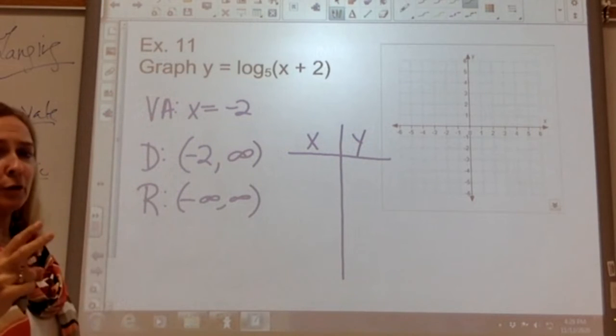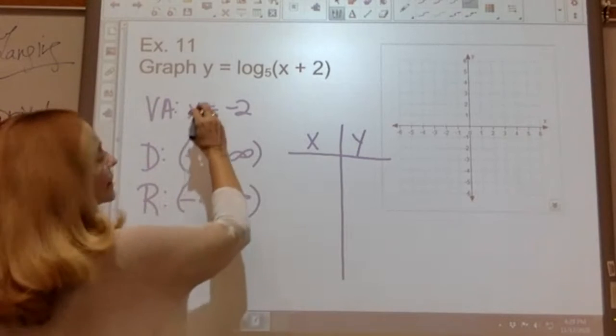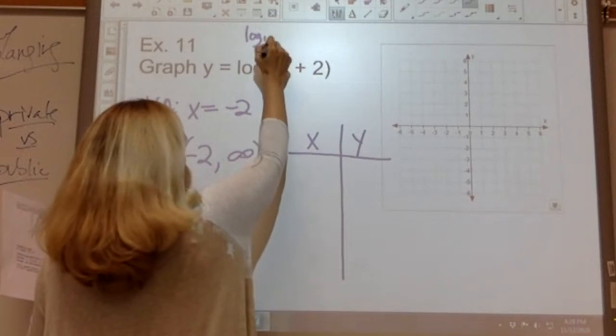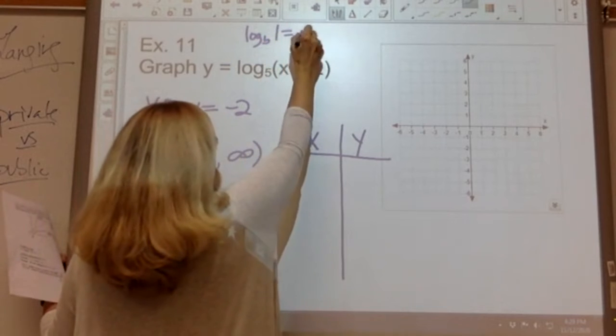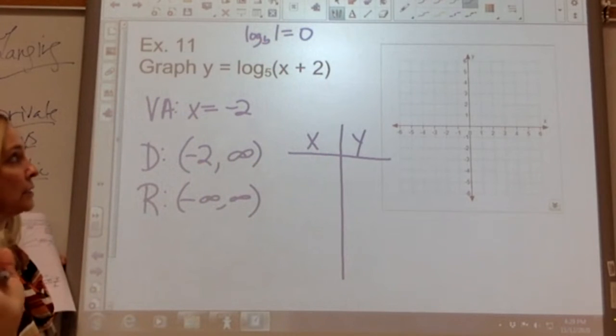All right, we should know 2 values for all logs. We know that log of some base, whatever the base is, of 1 is always equal to 0. Okay, log of 1, it doesn't matter what the base is, it's always 0.